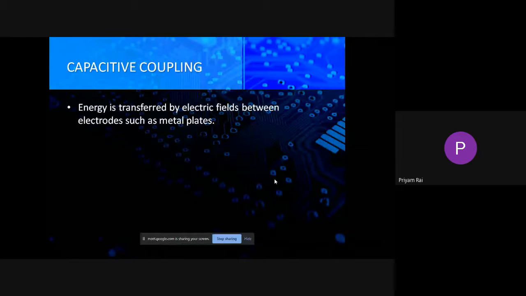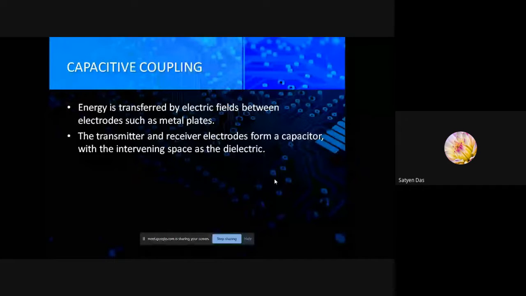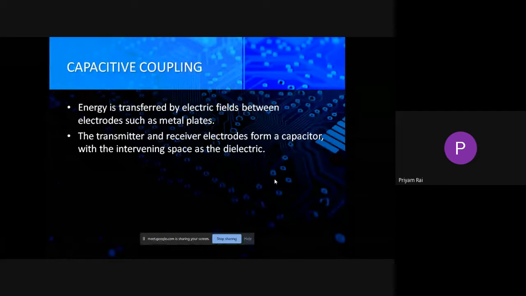Then the transmitter and receiver electrodes form a capacitor, with the intervening space as the dielectric.